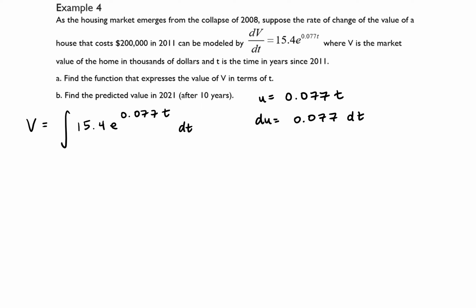And I'm going to divide both sides by 0.077. So we get that dt is equal to du over 0.077. So we can rewrite this integral.